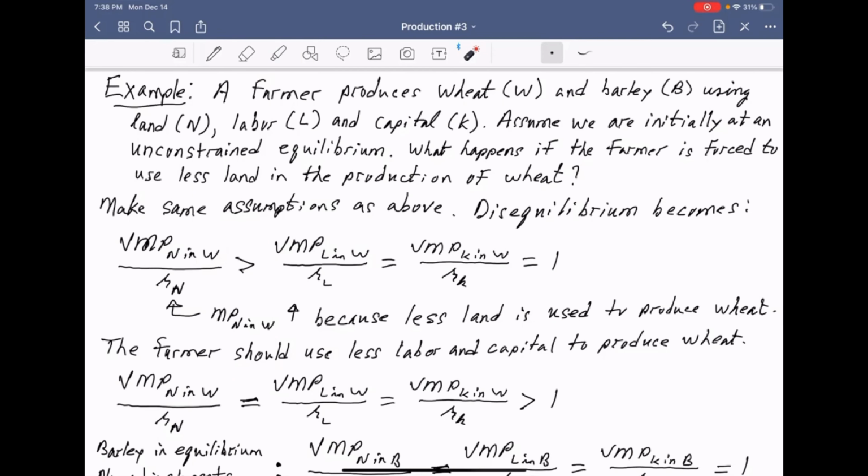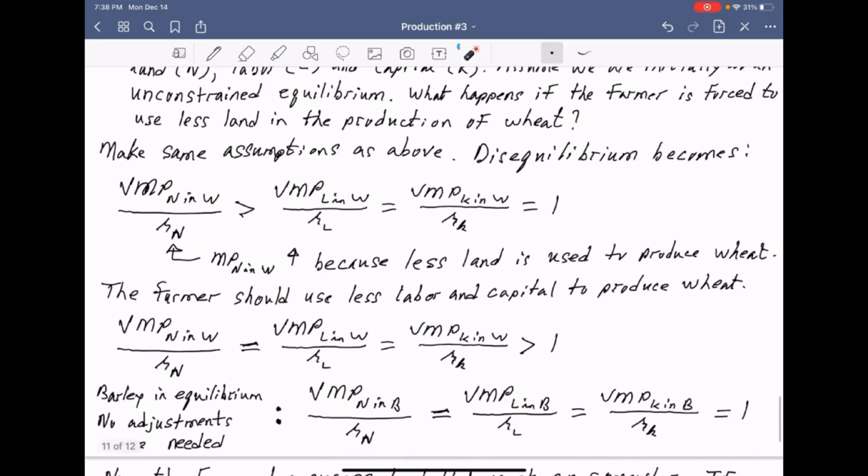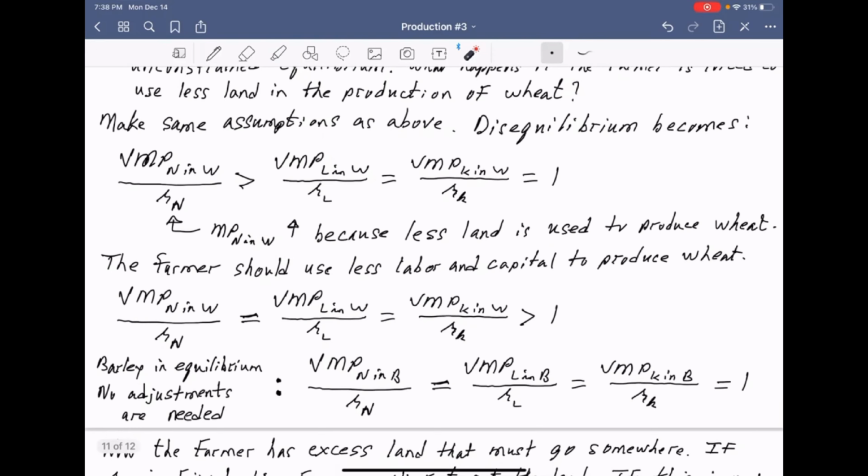So what happens? Well, the farmer should use less labor and capital to produce wheat. So the farmer reduces the amounts of labor and capital used, which increases the marginal product of labor in wheat and capital in wheat, and thereby this becomes an equal sign, and everything is now equal except it's greater than 1. So now the question is, what happens on the barley side?